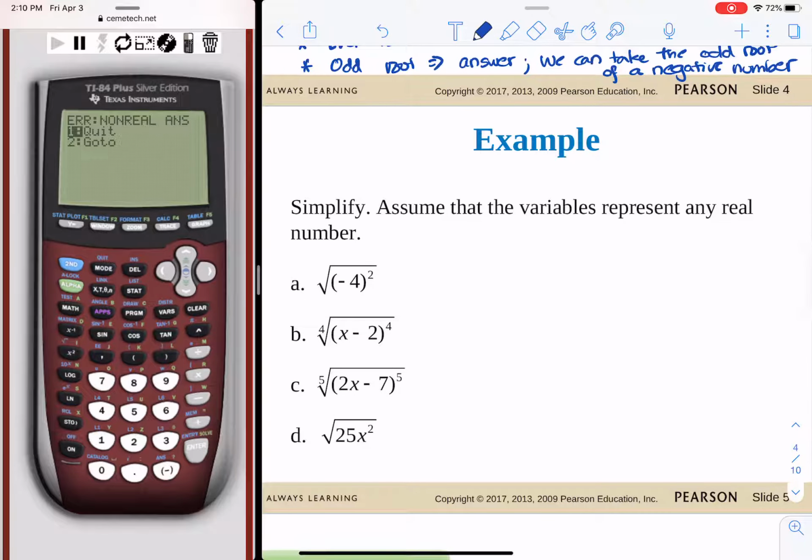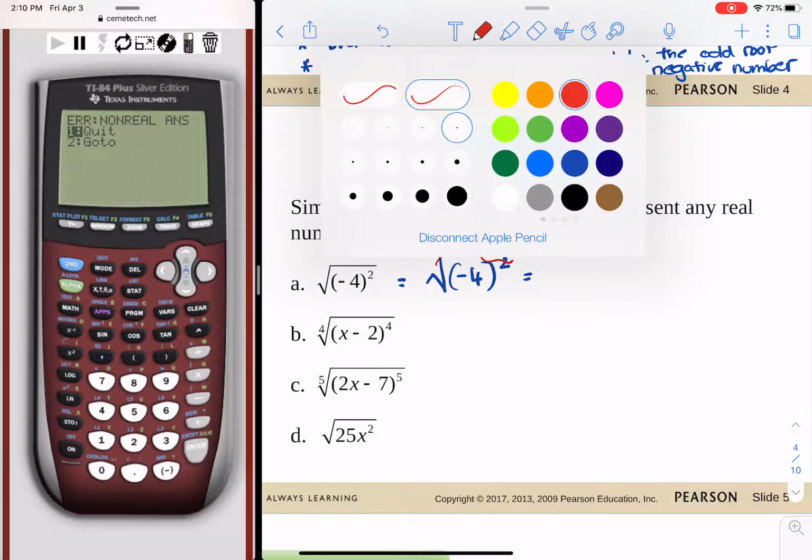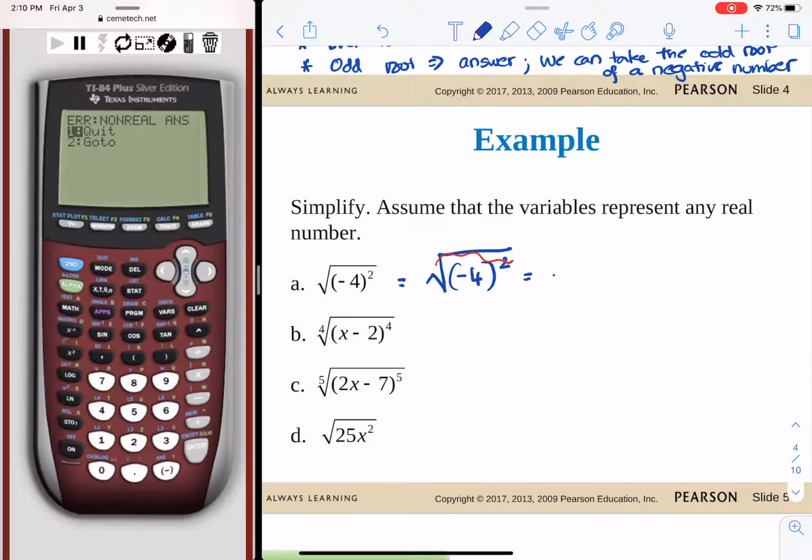So what we have is -4 and we have a square, and the square root and the square would sort of go away, so the answer is simply -4.